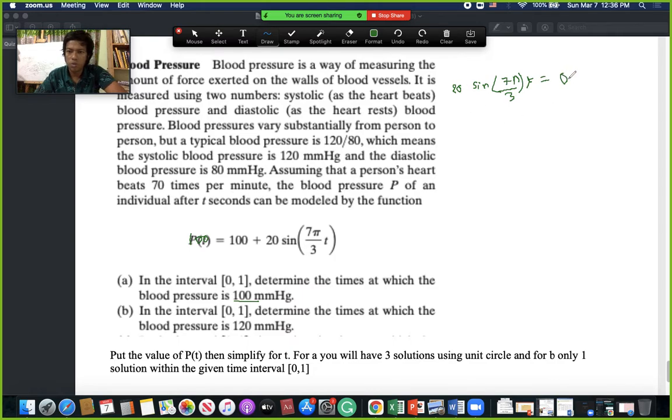So 20 will go to this side and it will also become 0. So basically this 20 is meaningless here, because it will go to this side and 0 divided by 20 is also 0. Now where do you have 0 degree? Where do you have 0 degree?